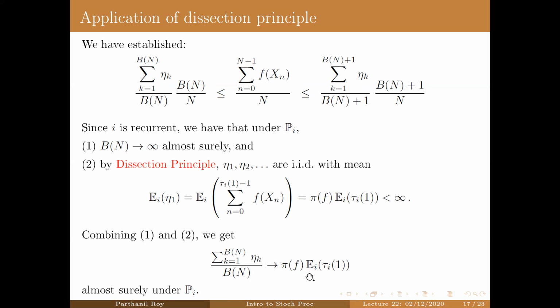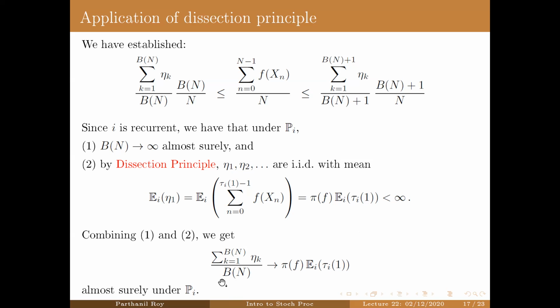So this is where we are using the dissection principle, and the entire block method relies on the dissection principle. The blocks become independent, therefore the block sums are going to be independent, IID in fact under pi, and they all have finite mean. Therefore we can use the strong law of large numbers.